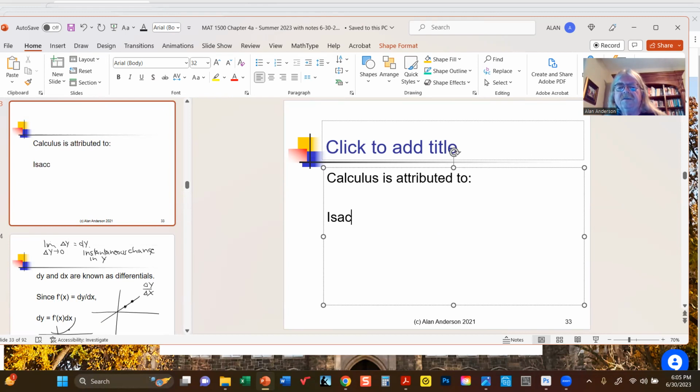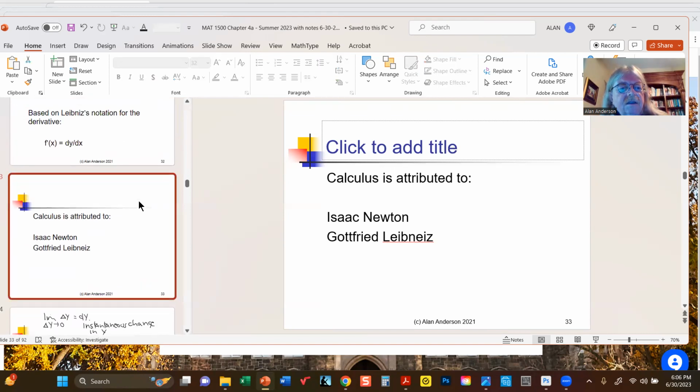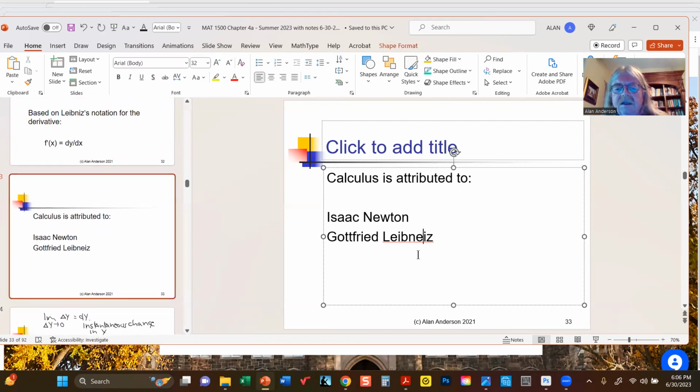I'm sure you've heard of him because he did so much work in so many different fields, mostly related to physics. And in Germany at the same time, a mathematician named Gottfried Leibniz was also working on a lot of the same concepts, which we now know as calculus. So they're jointly, wait a minute, did I spell that right? No. Okay, there we go.